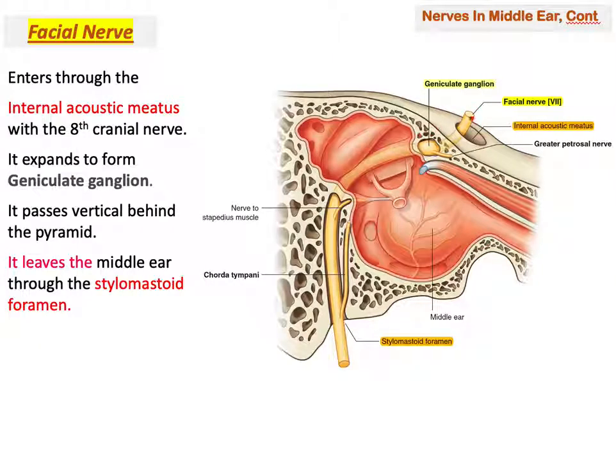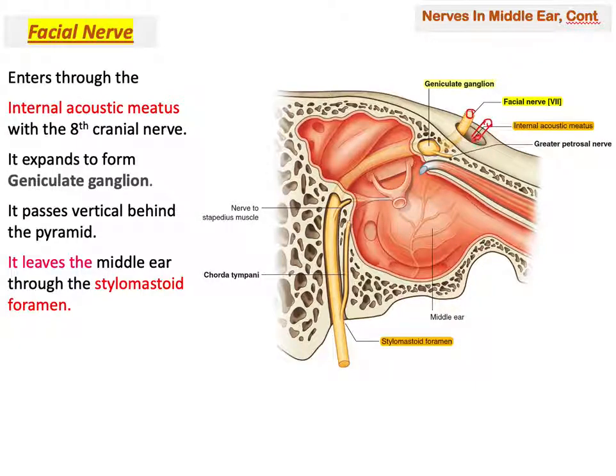We have the facial nerve. Look at the petrous part of the temporal bone that contains the internal acoustic meatus, through which the facial nerve, cranial nerve number 7, and the vestibulocochlear nerve also pass.